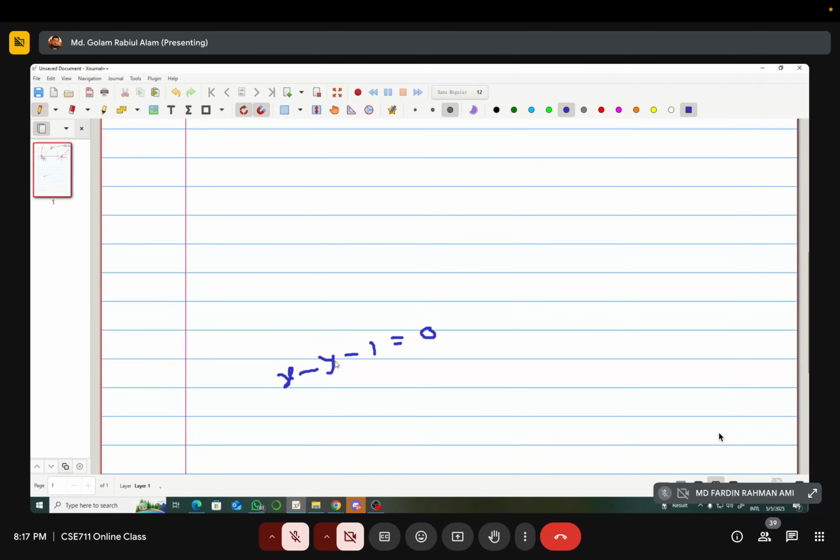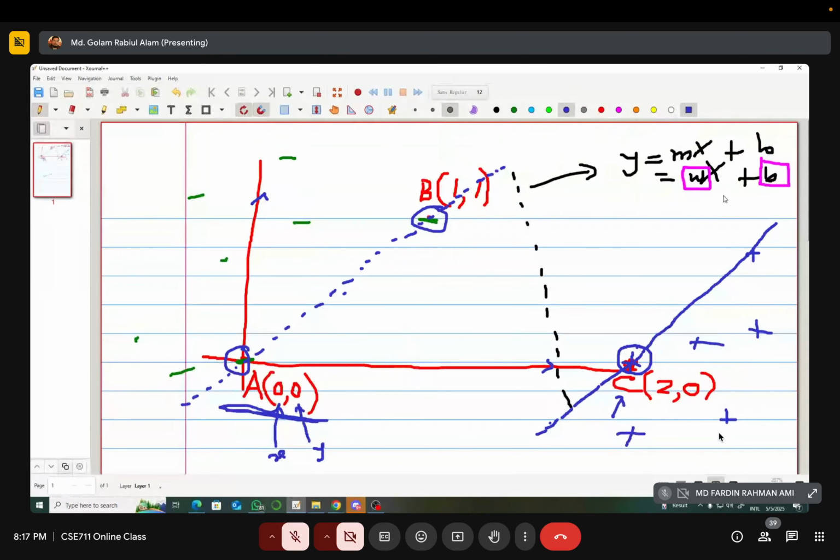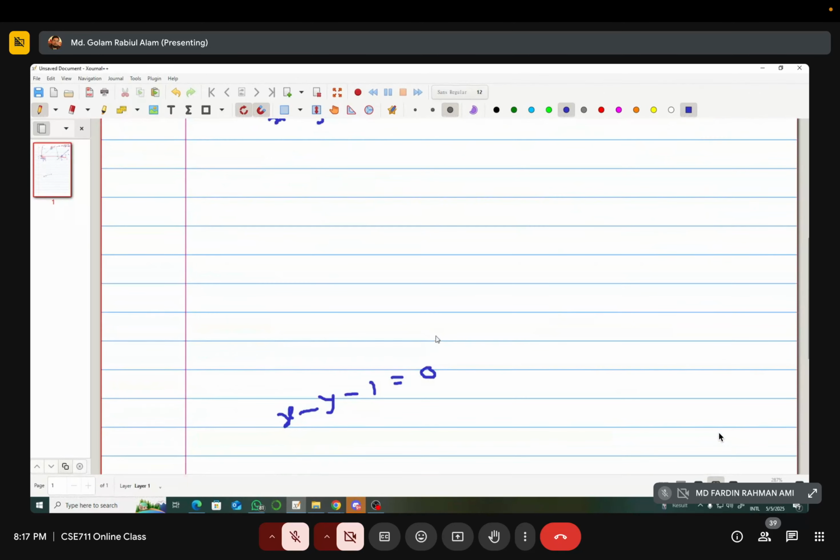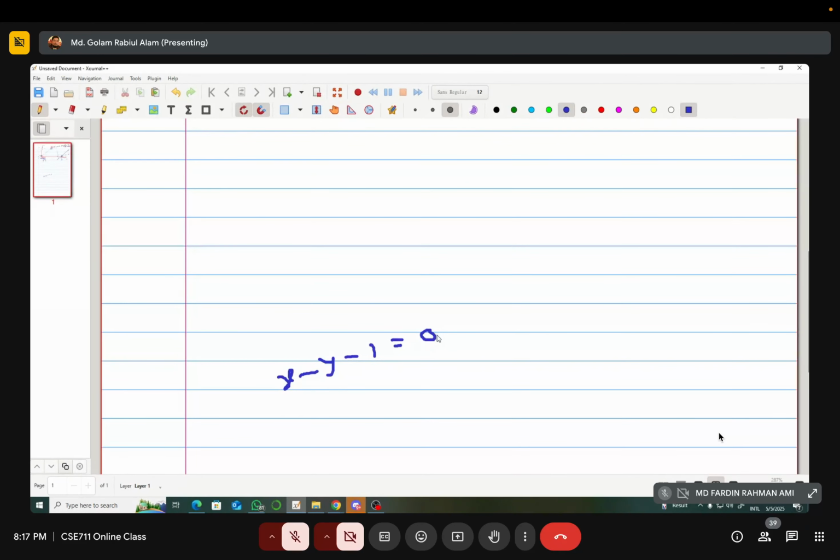So we want to plot this equation here in the scatter plot of our data set, to show which one is our hyperplane.